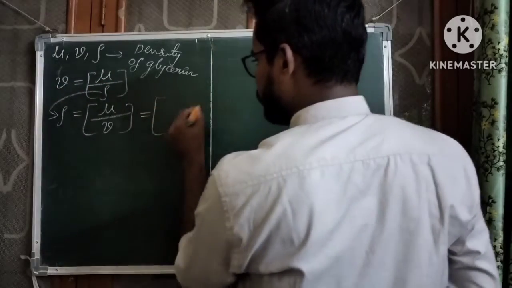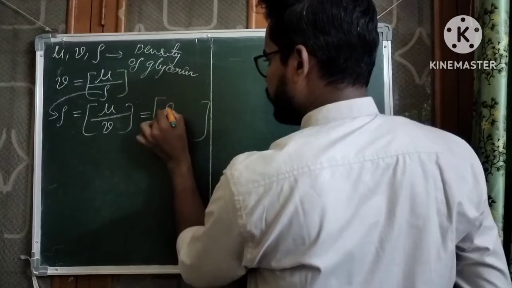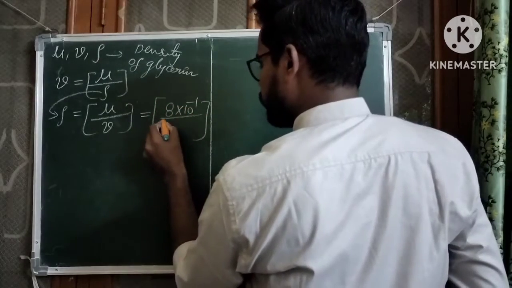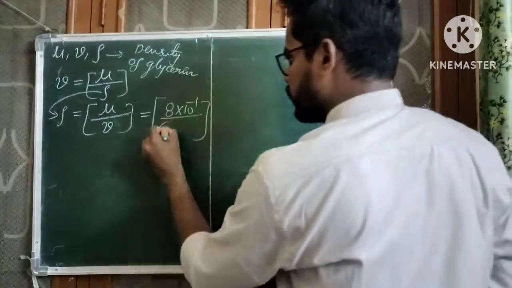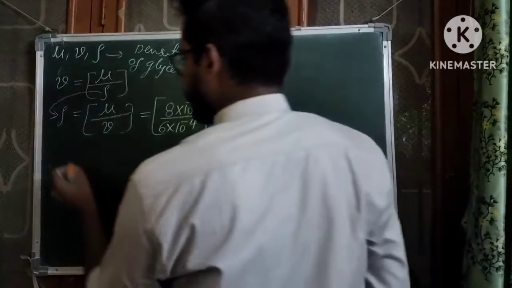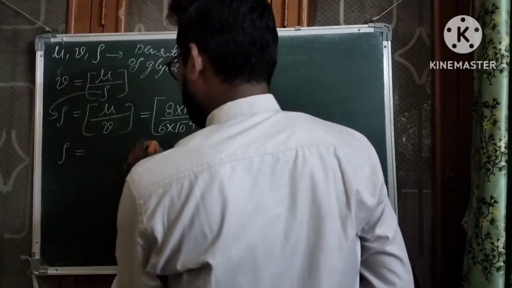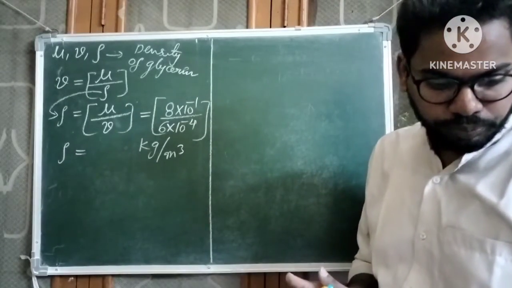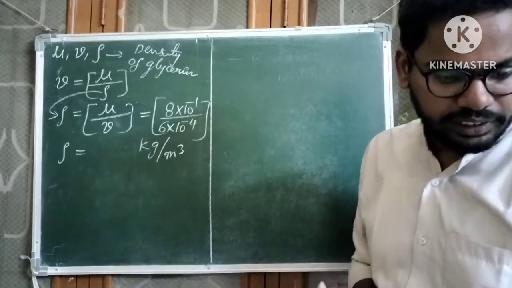Here mu is given as 8 into 10 to the power of minus 1, divided by nu, which is 6 stokes, that is 6 into 10 to the power of minus 4 meter square per second. So you will get the density in kg per meter cube.